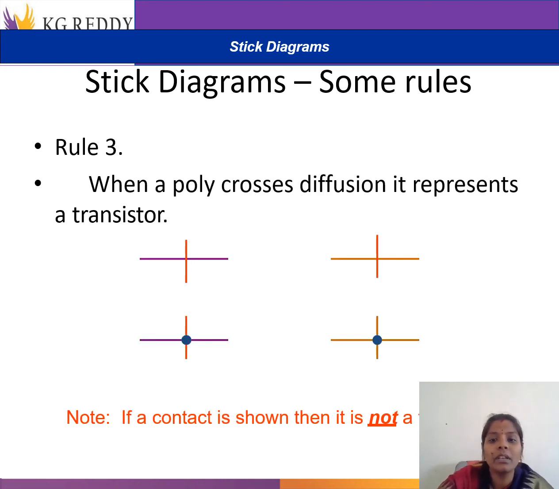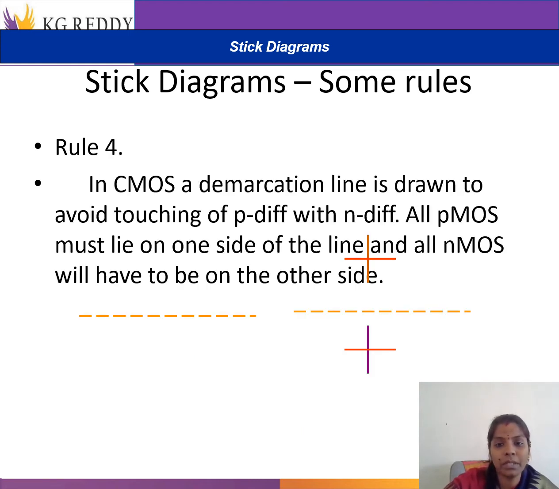And then some more rules. Rule 3: when a polysilicon crosses a diffusion, it represents a transistor. That's true, because when we draw that, I'll let you know how this transistor is actually formed. Rule 4: in CMOS, a demarcation line is drawn to avoid touching of the P diffusion and the N diffusion.